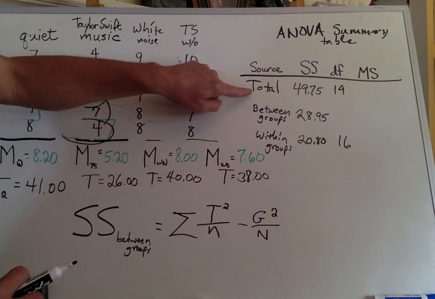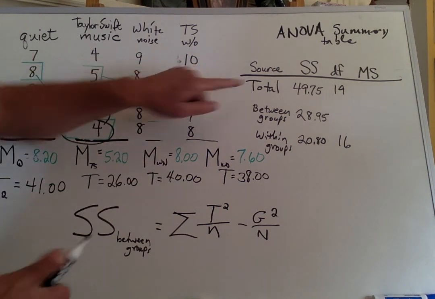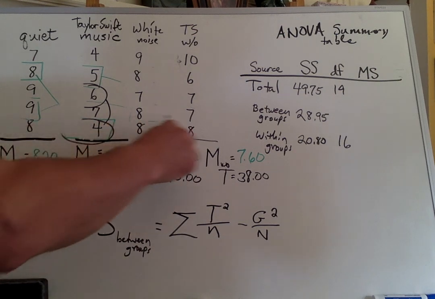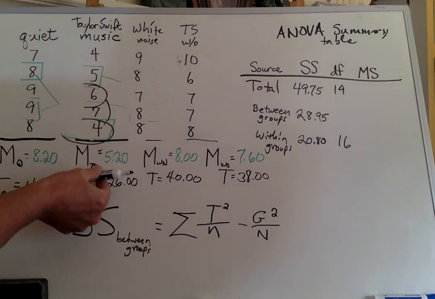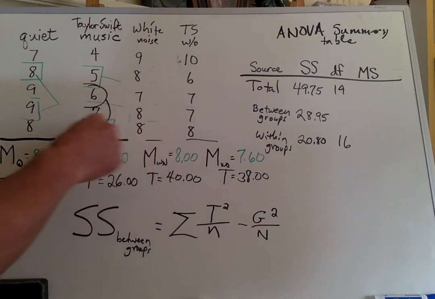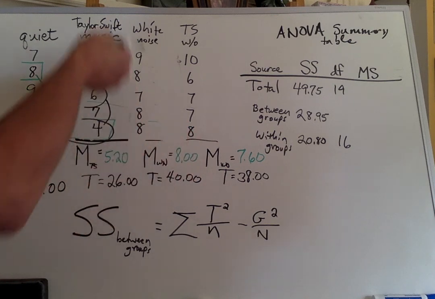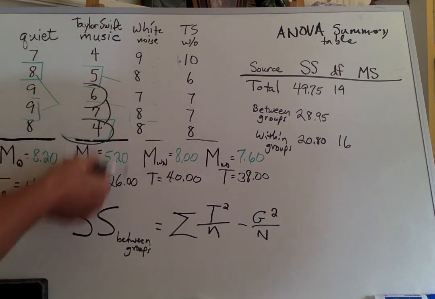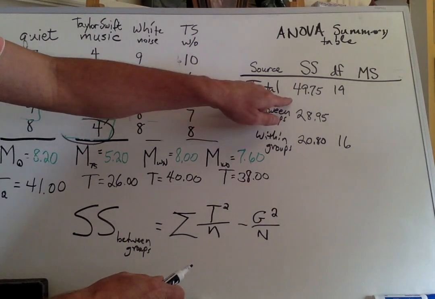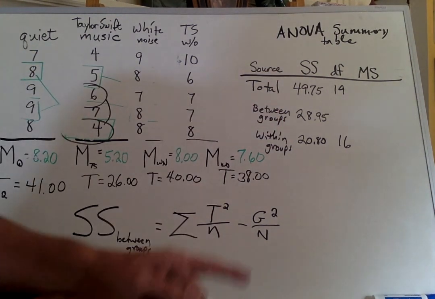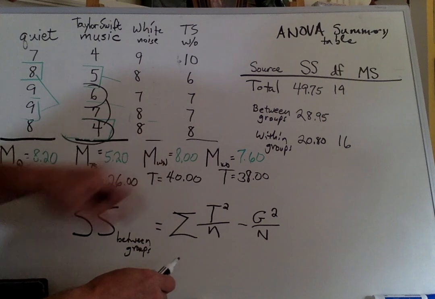The total is made up of the variability between groups plus the variability within groups. So this is a matrix. Between groups this way, within groups this way, and they both add up to the total. And there's nothing left over, and there's nothing shared between these.